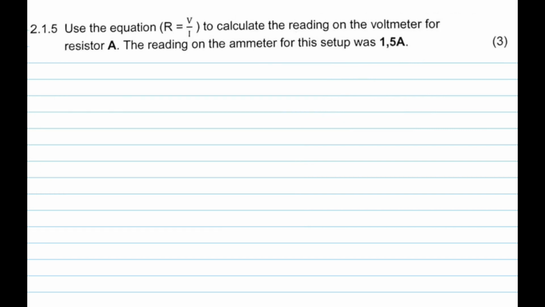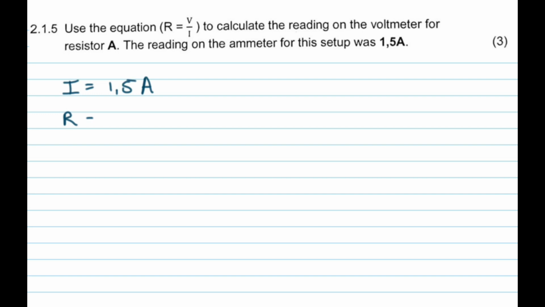Then question 2.1.5. Use the equation R equals V over I, which is Ohm's law, to calculate the reading on the voltmeter for resistor A. The reading on the ammeter for this setup was 1,5 ampere. Now remember, when it comes to Ohm's law, we have certain things that we need to start off with.